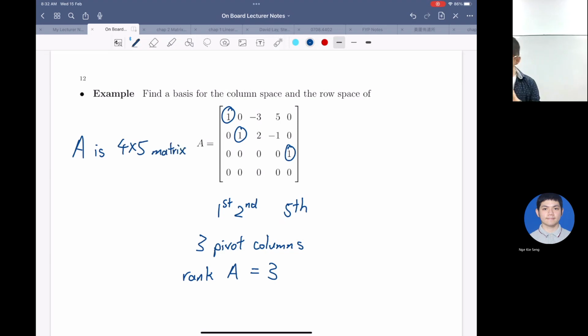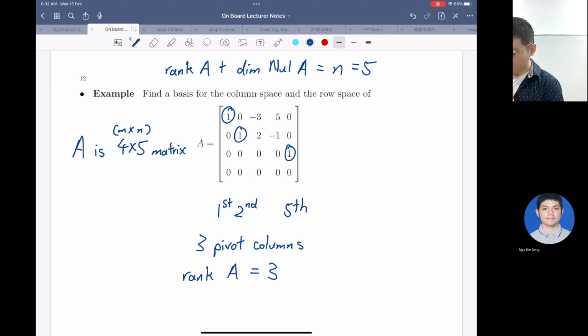Okay. So just now we have that rank A plus dimension of Nul A is equal to n, which is 5 in this case. Okay. M times n. And the rank is 3.